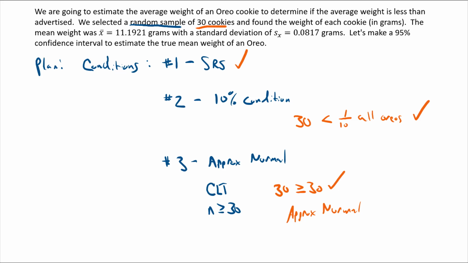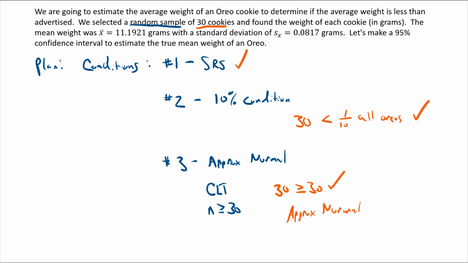Now the last thing we need to write for our plan part, before the conditions, is a name for the actual procedure we're going to do, because remember in dealing with proportions, we named the procedure. In this case, we're taking one sample of 30 cookies. So we're taking a one sample t interval for the mean.